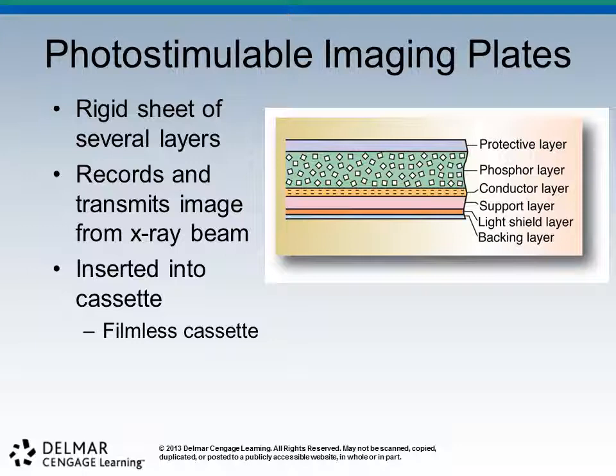This is where the light is created, and this is where the electrical signal is picked up and then transmitted somewhere else. That somewhere else, if you're talking about your CR cassette, is going to be a storage area where a laser beam is going to come in and scan that and read those electrons as they're released.